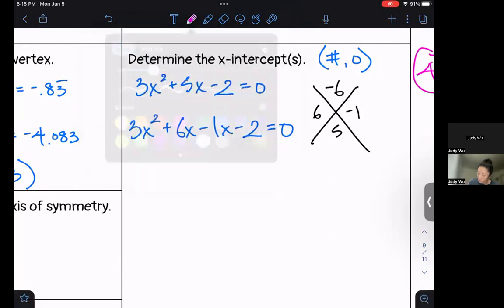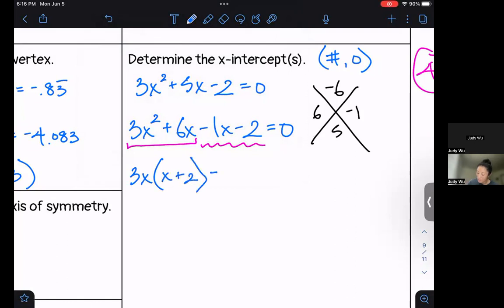And so what that means is we're going to grab the first two terms, find a greatest common factor, and we're going to grab the second two terms and find a greatest common factor. And so in the first two, we can pull out a 3x, so 3x, and what's left, x plus 2, minus, I'm actually going to factor out a negative 1, okay? So minus 1, I have a positive x plus a 2 equals 0.